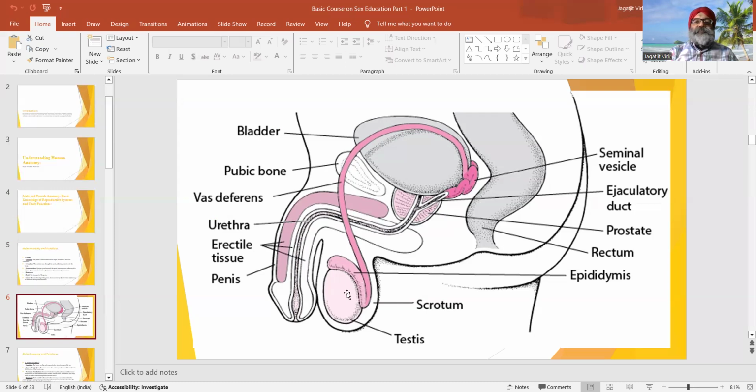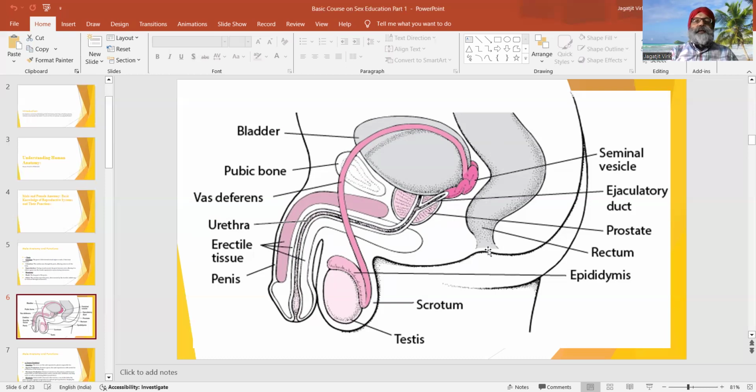And above this testes is epididymis, and a tube arising from this is called vas deferens, and it opens in the seminal vesicle, and through this ejaculatory duct goes to the seminal vesicle, and underneath this one is prostate gland under the bladder, and this is gut and rectum, part of the large intestine.